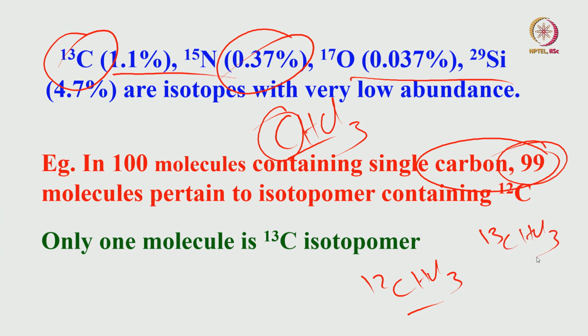You understand? So that is why it is very difficult to detect. So natural abundance is a very important factor.